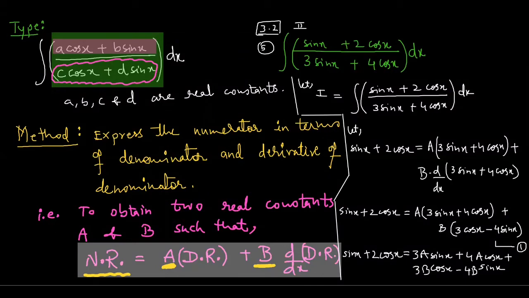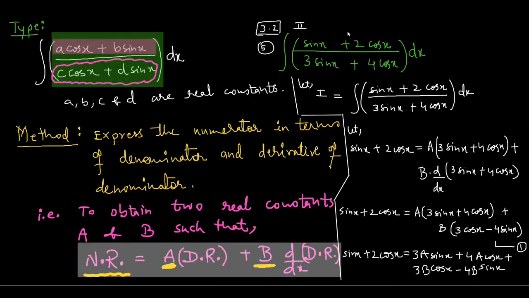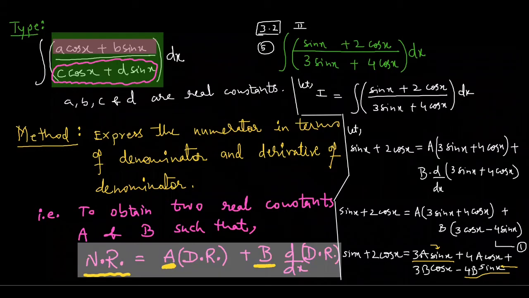Next step will be sin x plus 2 cos x equals, check. Students, check. See, this is sin x and here also you have sin x. So I take sin x common from these two terms. So what I will get? I will get sin x out, 3A minus 4B in the bracket.